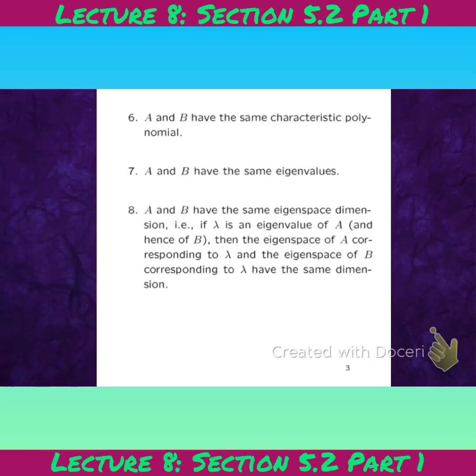So A and B have the same characteristic polynomial. Now this is again not difficult to prove.